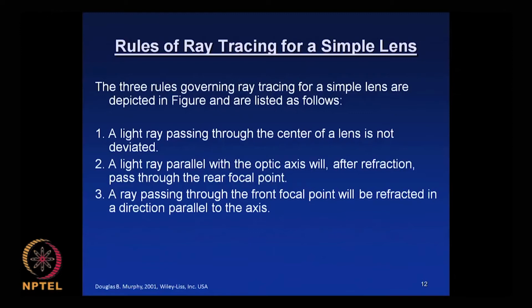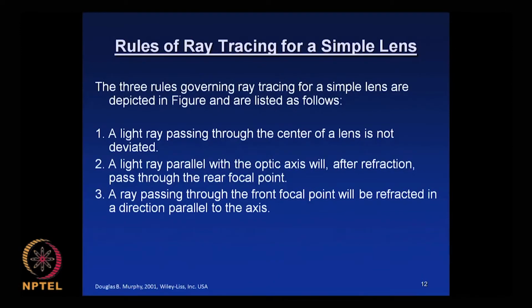There is some assumption like sin i by sin r is equal to mu, and then sin i by sin r is taken as i by r. We will not get into the details, but I just want to mention that these rules are based on some assumption of Snell's law, and let us see what these ray rules are.